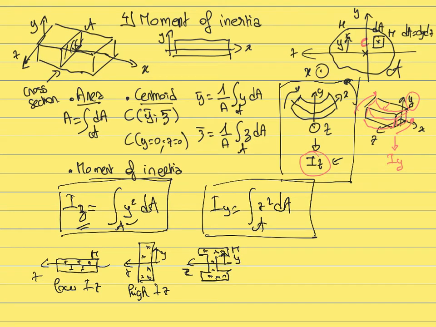So an I-beam like this, due to its geometry, due to the shape of this I-beam, has a lot of points located very far away from the axis z. So an I-beam is a good example of a beam that has a high moment of inertia, and that's why I-beams are very commonly used in structural applications.